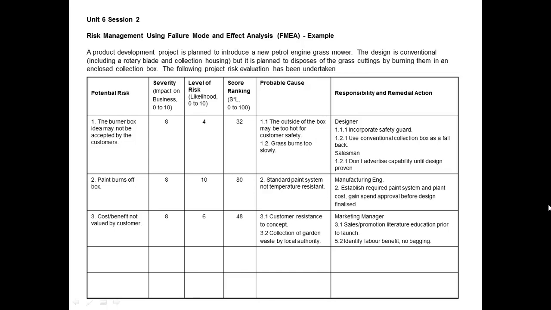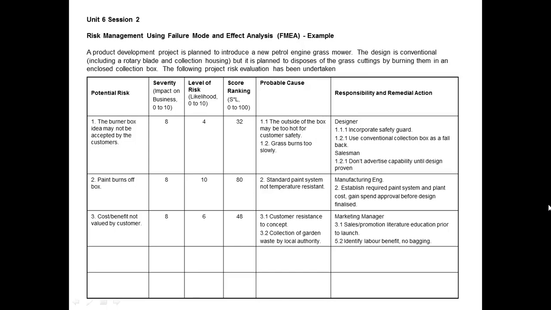One is with the burner box and presumably the safety guard, and the other is to design the mower with a conventional collection box, and we might do that in parallel, so that if the burning of grass is not effective, then by the time of launch we have a fallback situation that we could take advantage of.